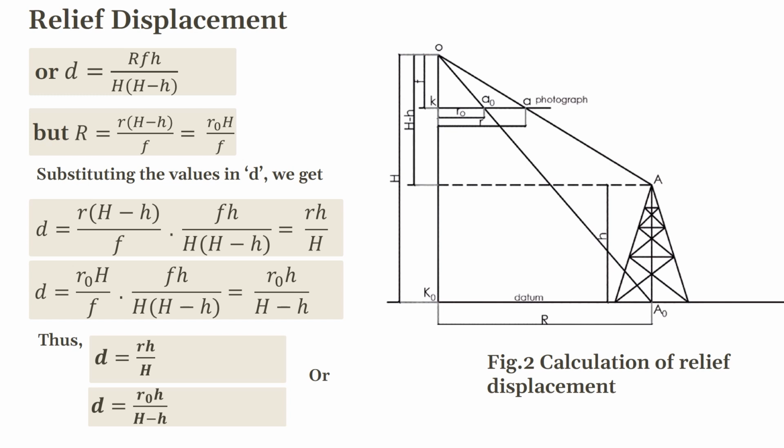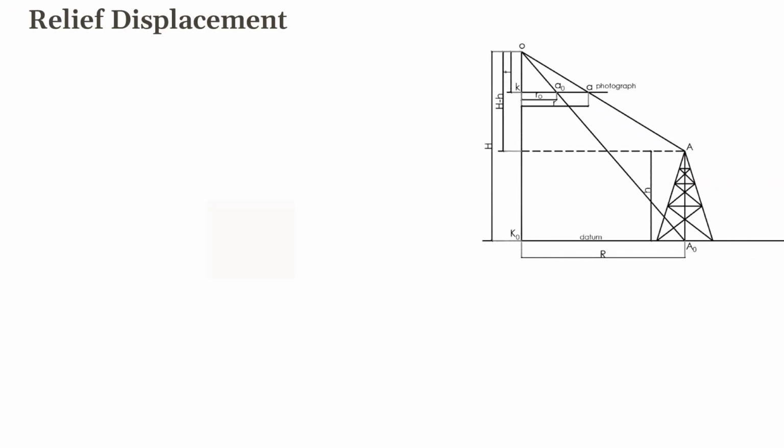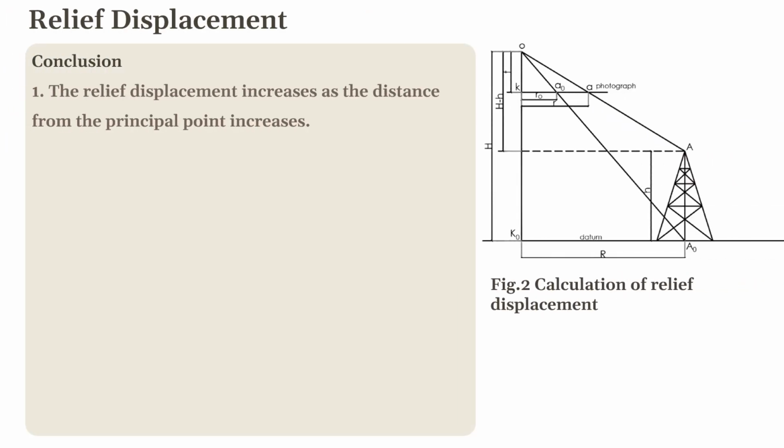The one important thing that you have to note in this equation is that capital H and small h should be measured above the same datum. I repeat, capital H and small h should be measured above the same datum line. From these equations, we can easily draw the following conclusions. The relief displacement increases as the distance from the principal point increases.